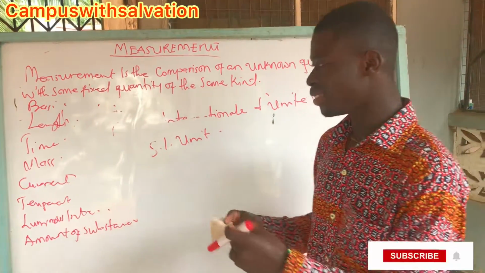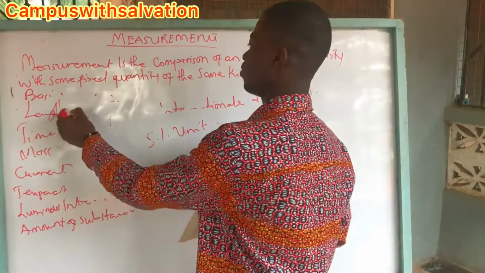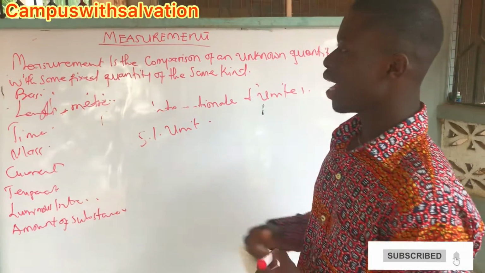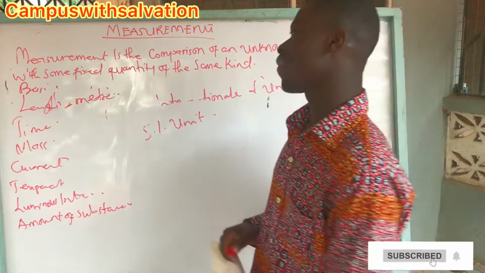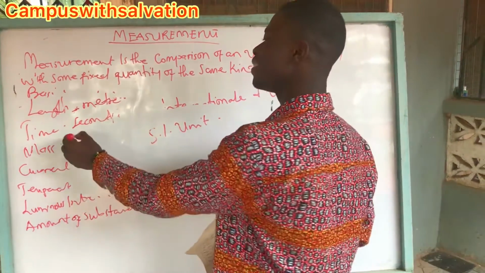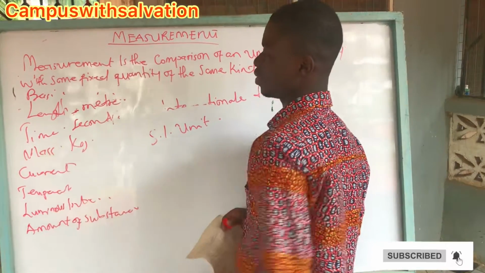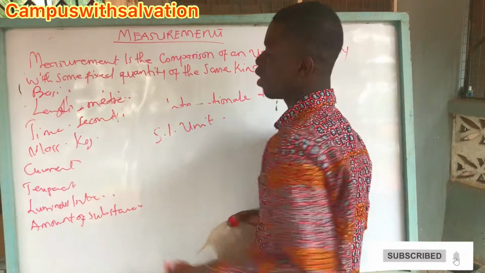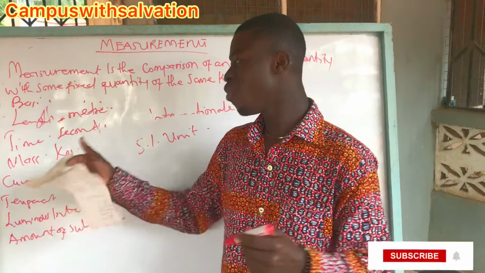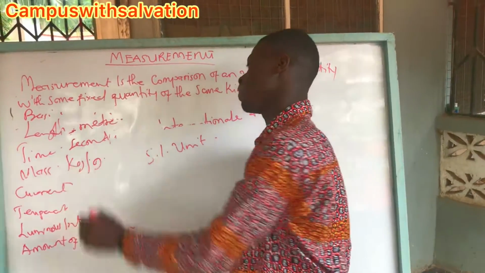So we have length, which is measured in meters. That's the unit for length. We have time, which is measured in seconds. Mass is measured in kilograms, or grams, but I will tell you as and when we use both kilograms and grams.